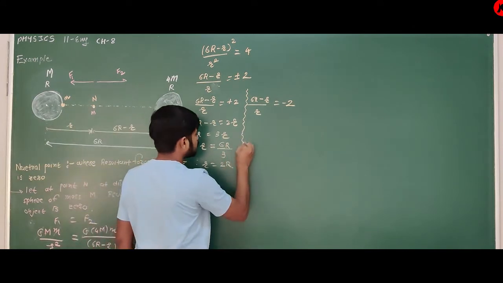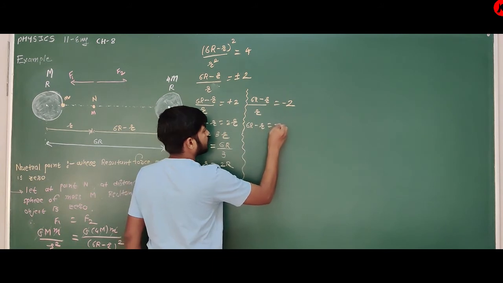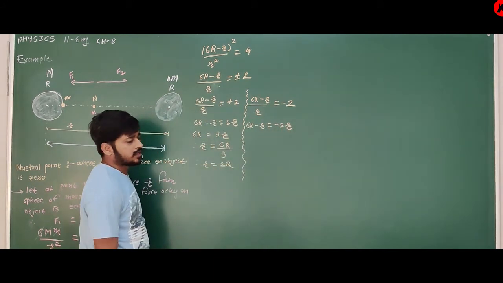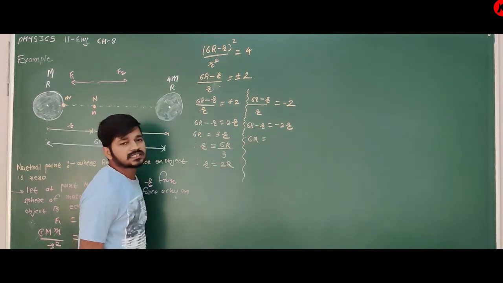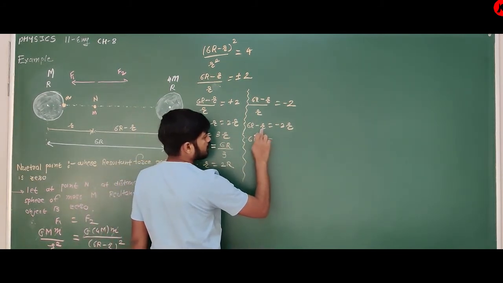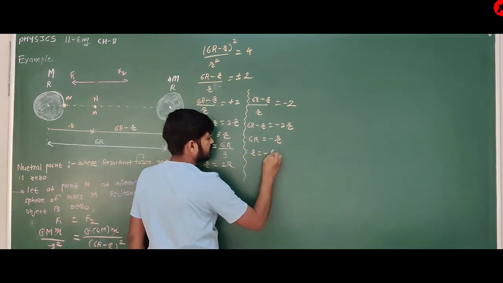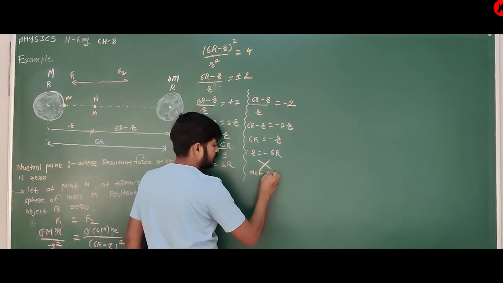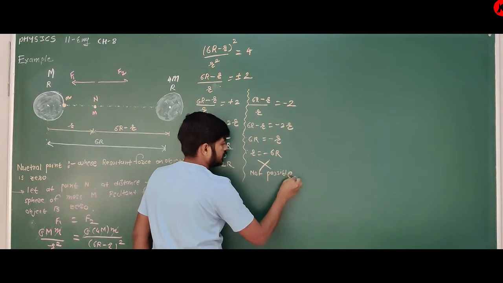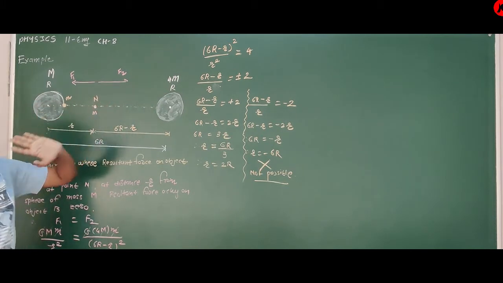And this side what happens? Yes, this side it is (6r minus r) is equal to minus 2r. So 6r is equal to, if I take minus r to the opposite side it will become minus, and therefore r is equal to minus 6r, which is not possible, because this object is thrown towards that sphere.